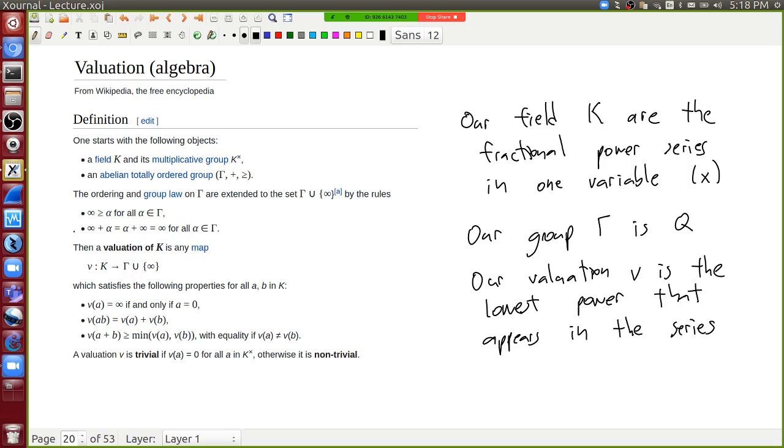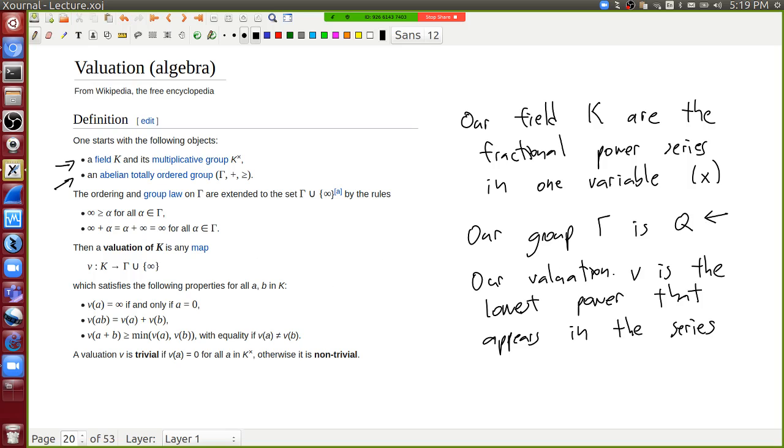So valuation in algebra, we have a field K. Our field is the fractional power series in one variable, x. So just power series in x. They're actually going to be fractional power series in x. We want a group Q. Our group is Q, our gamma in the definition. It's just rational numbers.